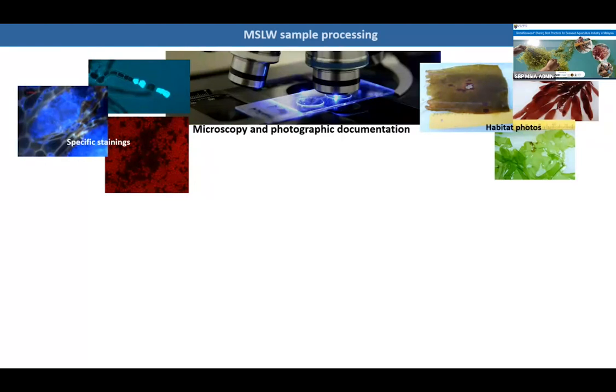So once we have received potentially diseased samples, we can envisage several analyses which largely depend on the fixation and storage conditions of the sample. In the first instance, we will always perform a microscopy analysis, like for instance with specific stains, in order to get first indications of pathogen structures and host cell reactions. If possible, we will then also try to get barcode sequences to identify the pathogen by molecular methods.